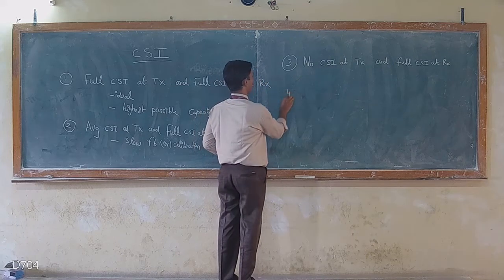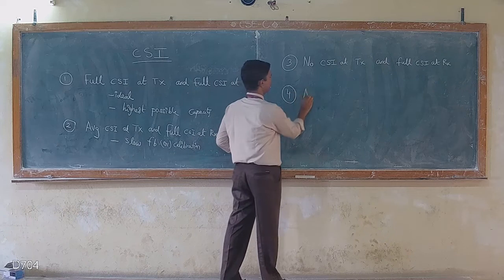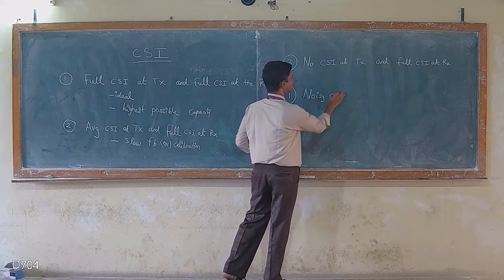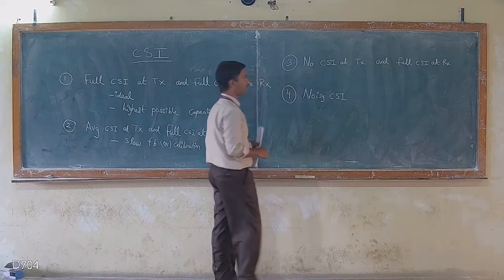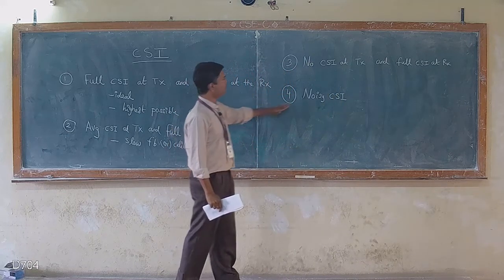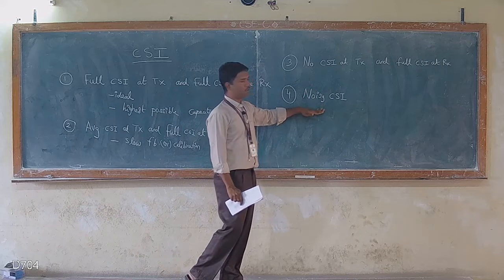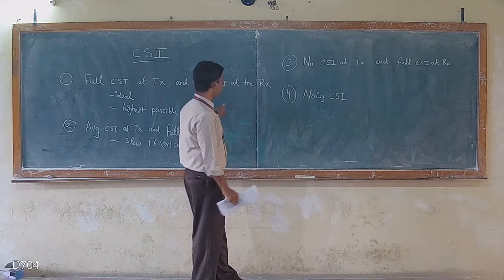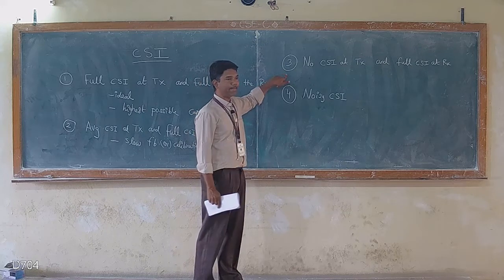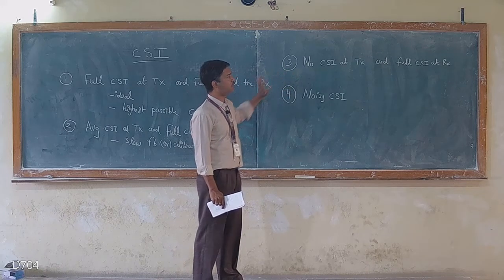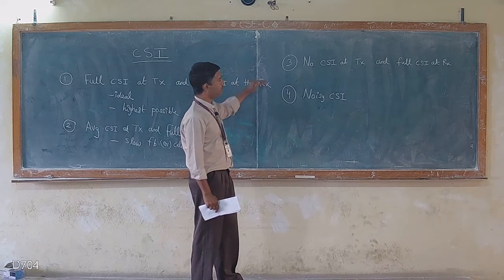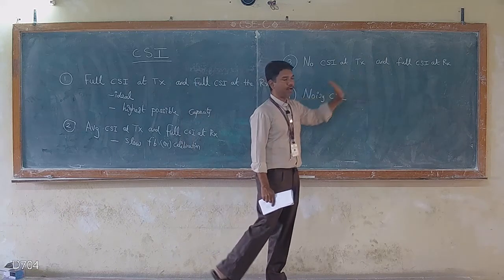Fourth one, it is noisy channel state information. So here also you don't have any information at the transmitter, channel state information at the receiver. So in all these cases, we are assuming full channel state information at the receiver. It means we assume the perfect knowledge of the channel is available at the receiver.